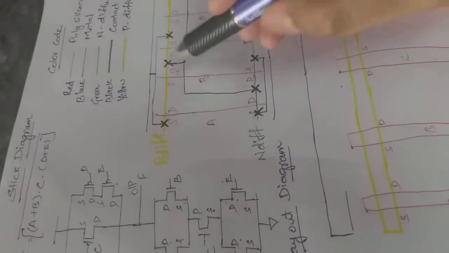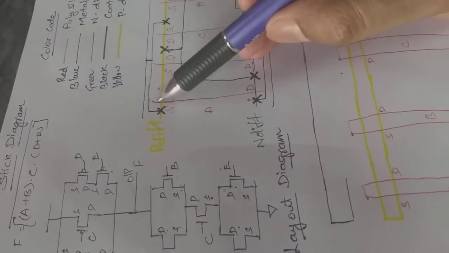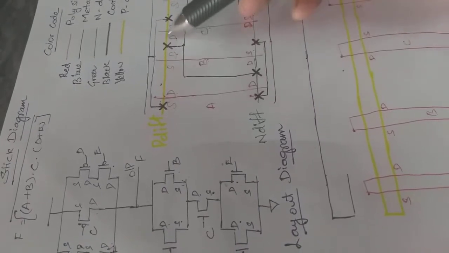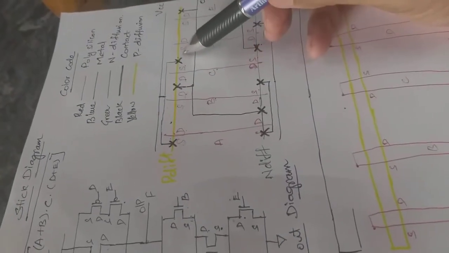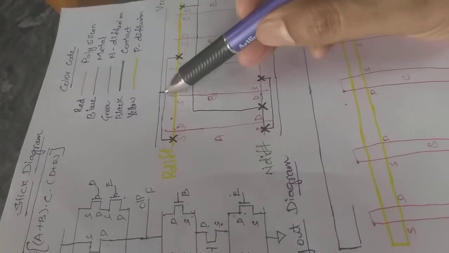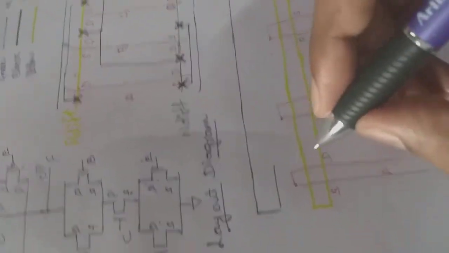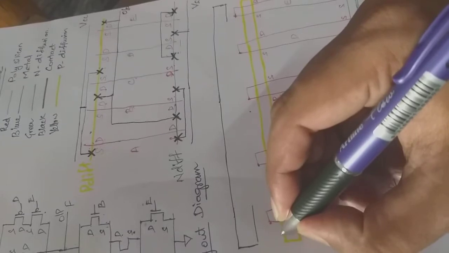From this diagram you can see that there is a line from the A terminal, which is connected to C type, and it is being connected to the supply. We have to draw it in a box type structure. Since a metal line is used, you have to use blue color.